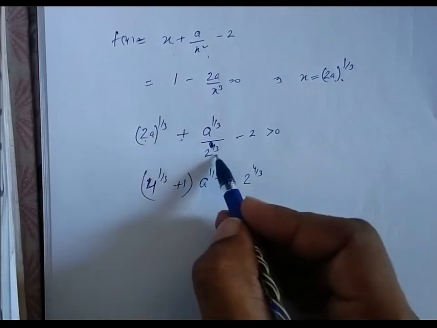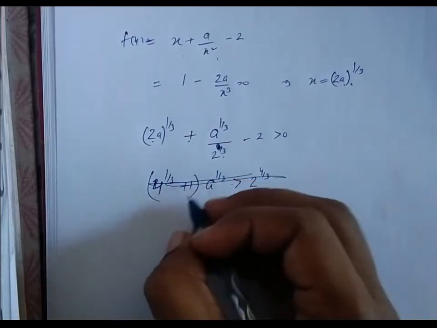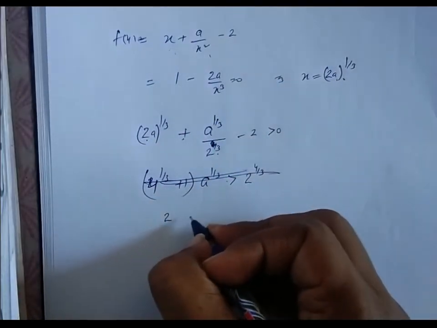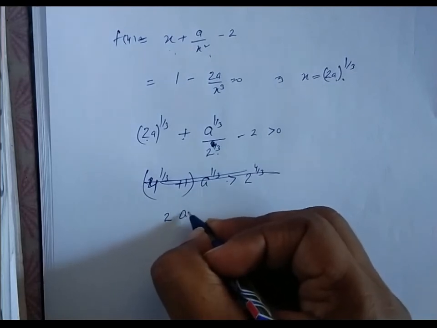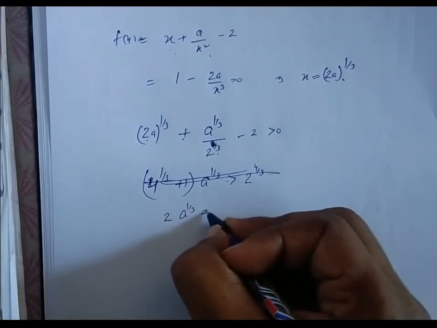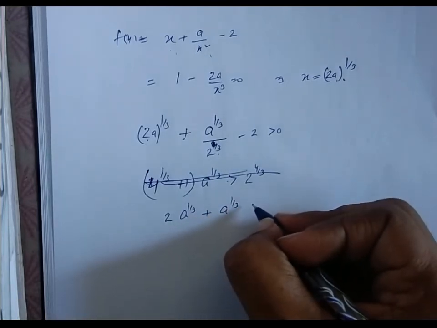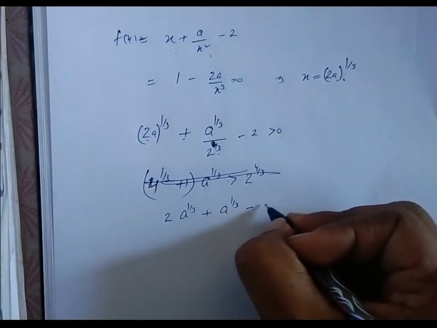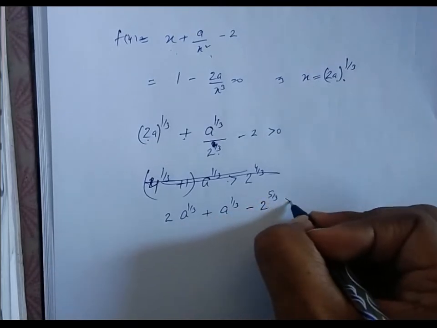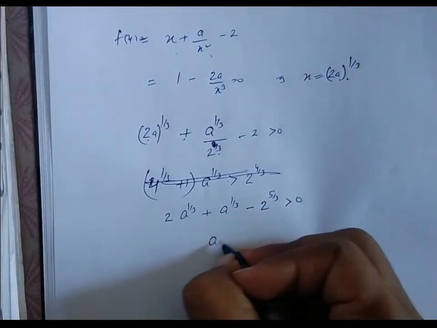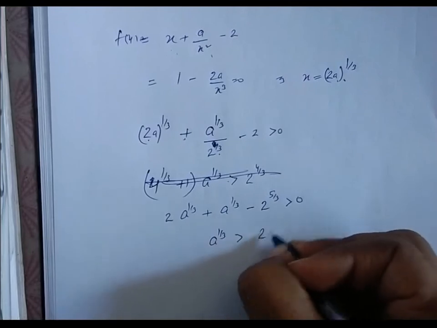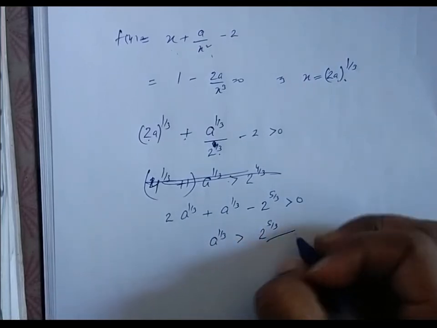2 power 1 by 3 plus, this should be 2, a power 1 by 3 plus a power 1 by 3 minus 2 power 5 by 3 is greater than 0. So a power 1 by 3 is greater than 2 power 5 by 3 upon 3.